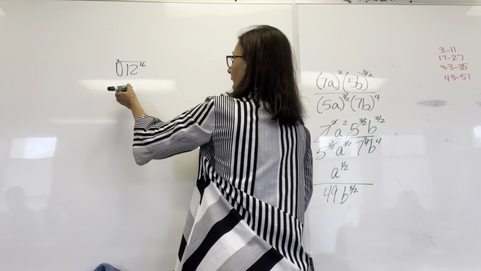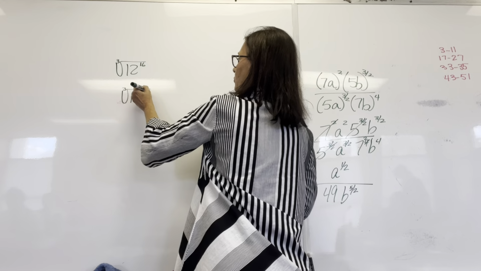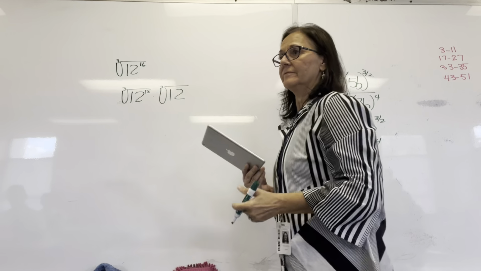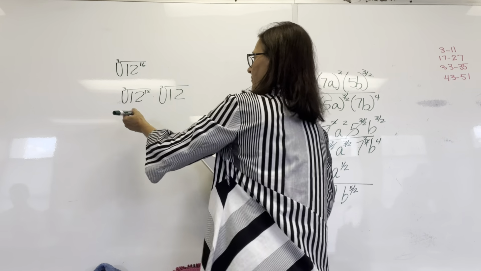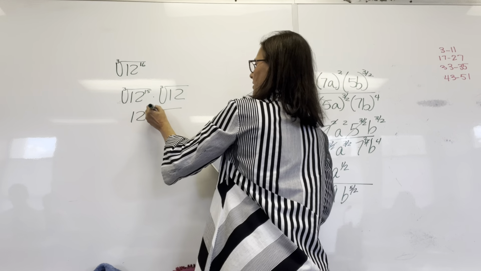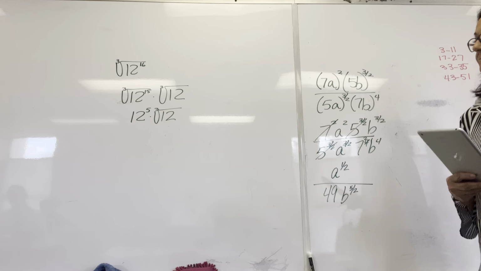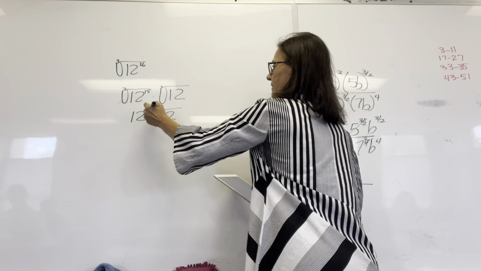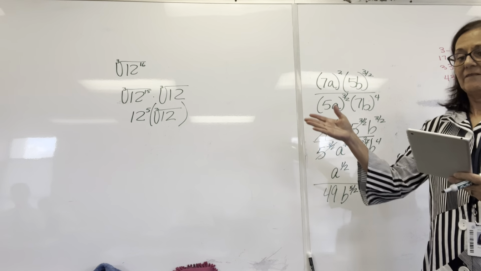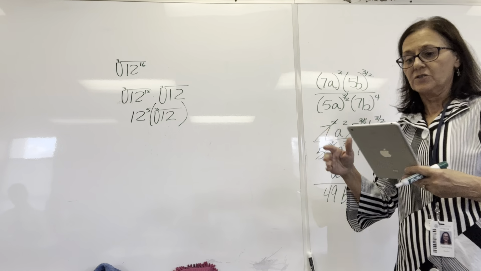Yes, because I could look at this as the cube root of 12 to the 15th and the cube root of 12. So this is just 12 to the 5th times the cube root of 12. That looks kind of funny. Your book does use parentheses because the 3 and the 5 look too close together. That's all we're doing, simplifying as much as we can.